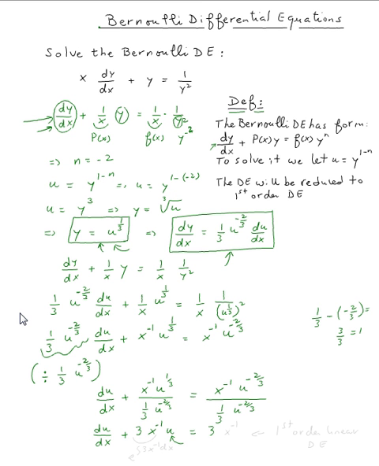On the right side, it's 3 times x^(-1), and u^(-2/3) divided by u^(-2/3) is 1. So this makes sense. If you look at this differential equation, this is a first order linear differential equation. It has that form.